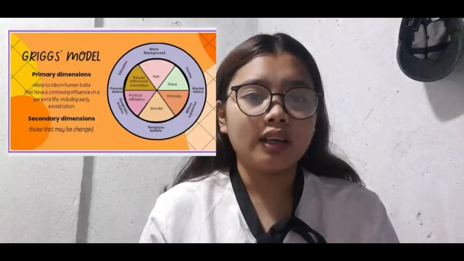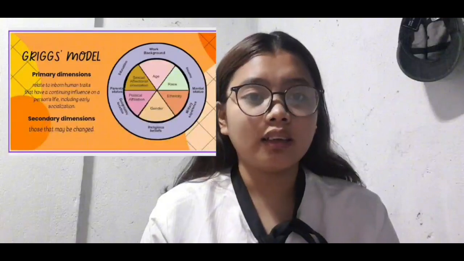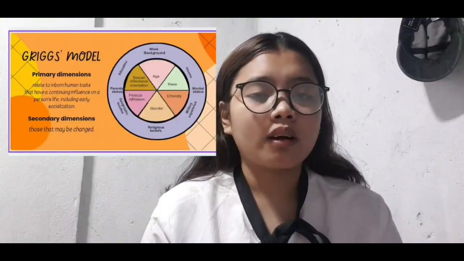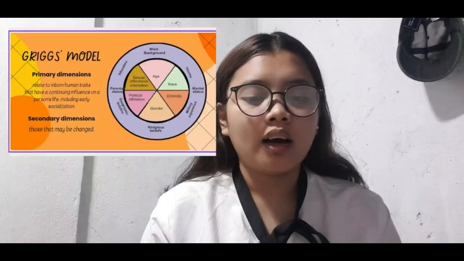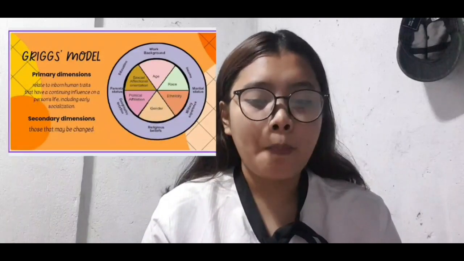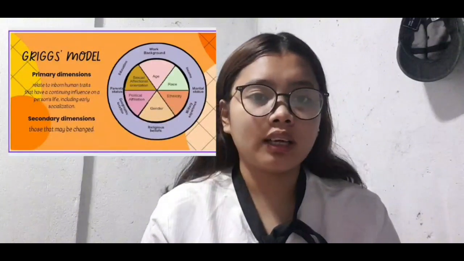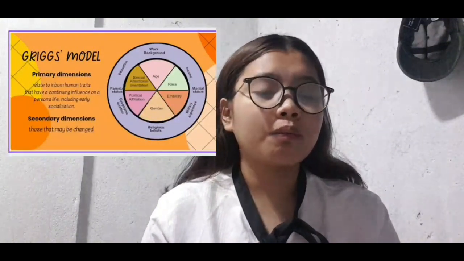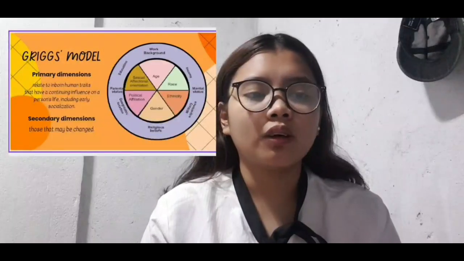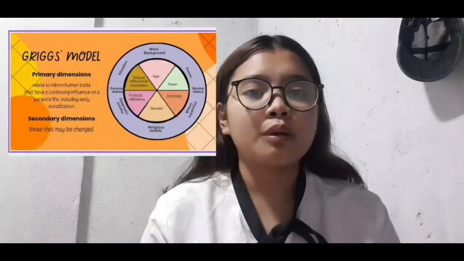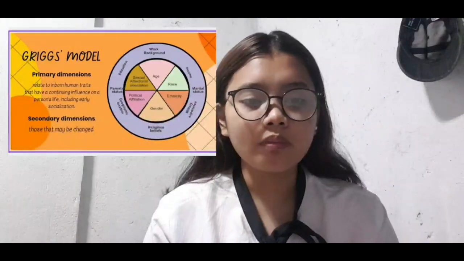This includes race or the person's physical characteristics, ethnicity or the cultural background and tradition, gender, obviously the biological and social identity as male or female, age, political affiliation or the group or beliefs that you support in politics, and sexual orientation, which is the person's romantic or sexual attraction to others.